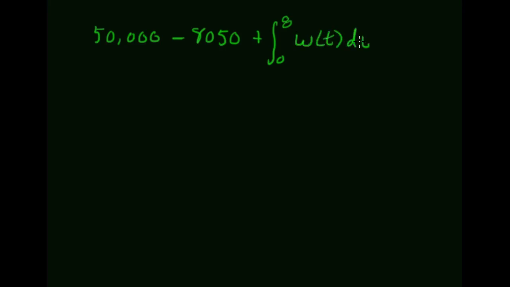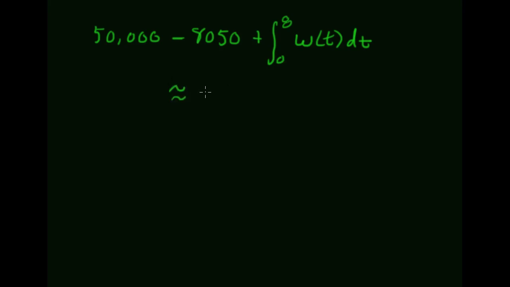All right, so part C says use your answer from part B to find an estimate of the total amount of water in the tank at the end of 8 hours. So that's going to be the amount that we start with, which according to the problem is 50,000 liters, minus the amount that we take out, which is what we just found in part B, plus the amount that is going in, which is the integral from 0 to 8 of W of t dt, because that's an accumulation of a rate.